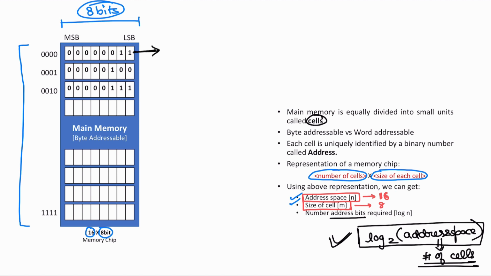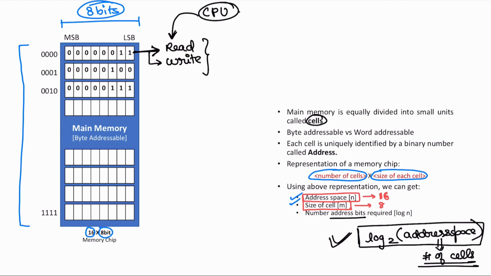A CPU, since it is a supervisor, can perform two operations on every cell: one is a read operation, one is a write operation.